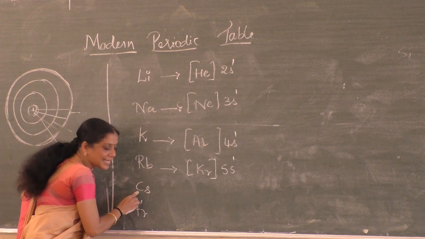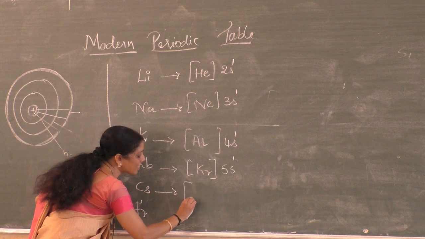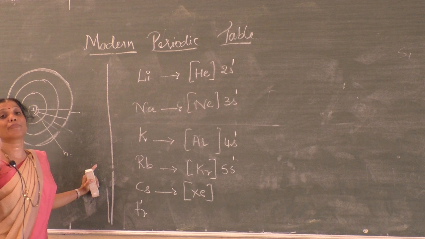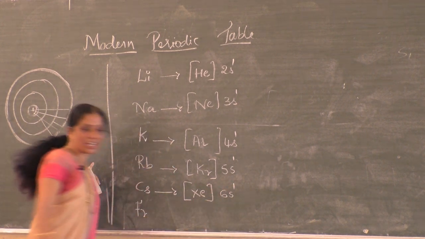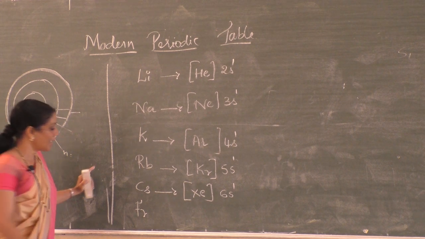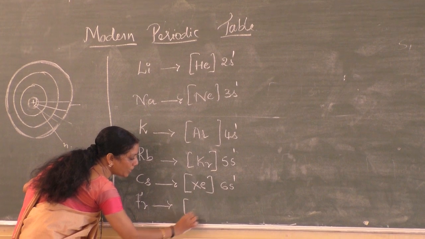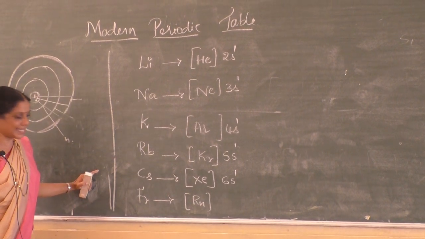Next we can consider cesium with the atomic number 55. We can write the noble gas configuration, that is xenon. What is the atomic number? 54. The last electron enters into the sixth main energy level, 6s1. And here it is francium, and we can use the noble gas here, that is radon with the atomic number 86.